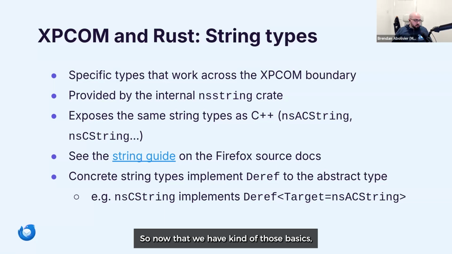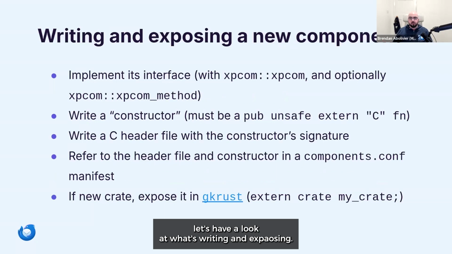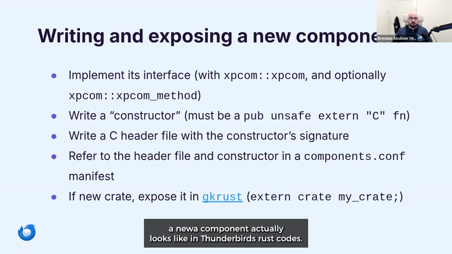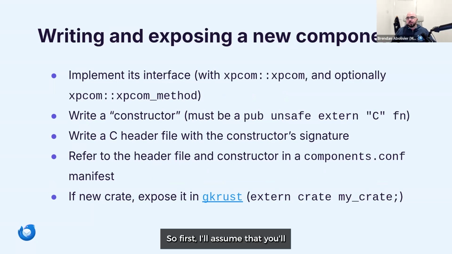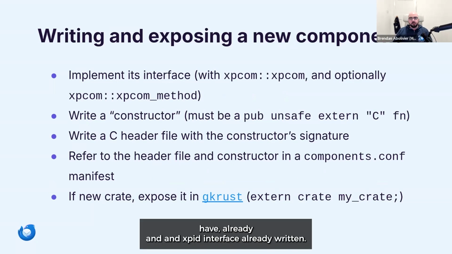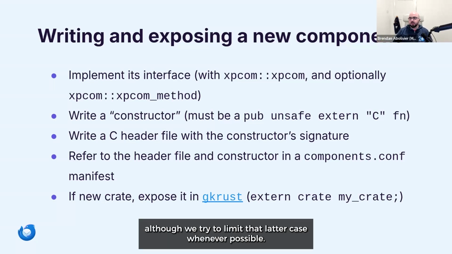So now that we have those basics, let's have a look at what writing and exposing a new component actually looks like in Thunderbird's Rust code. First, I'll assume that you already have an XPIDL interface written, whether that's one that already exists or one that was written specifically for the occasion, although we try to limit that latter case whenever possible.